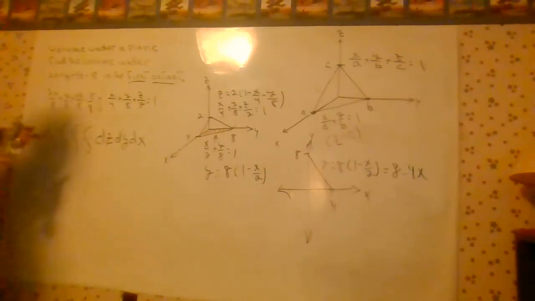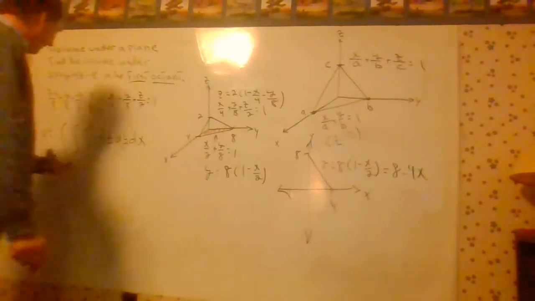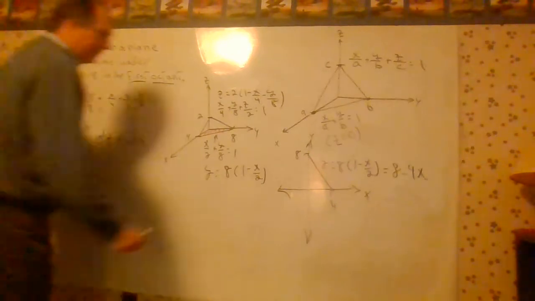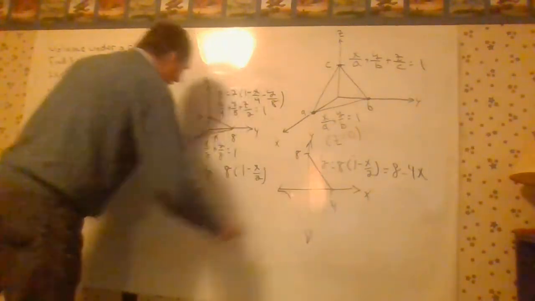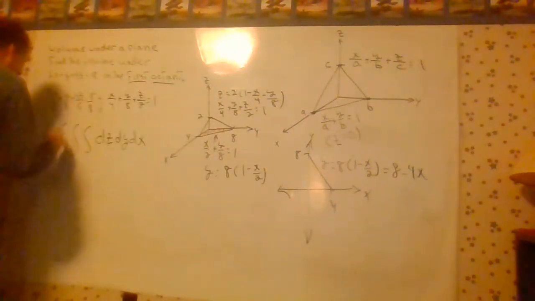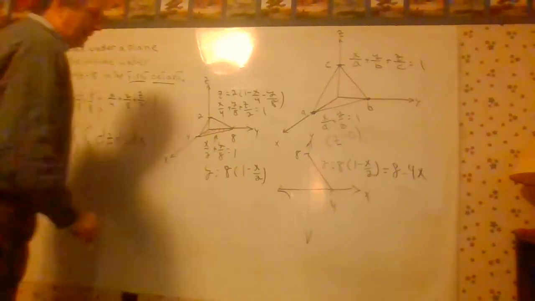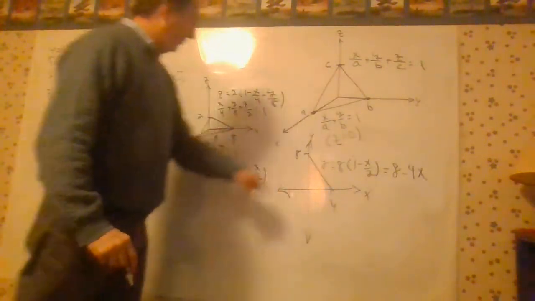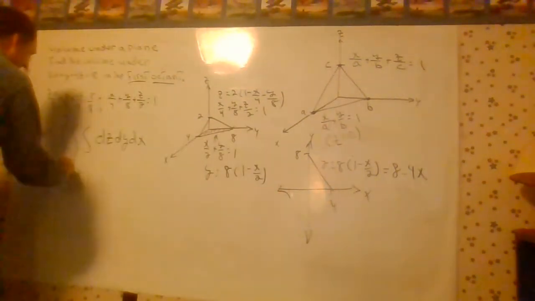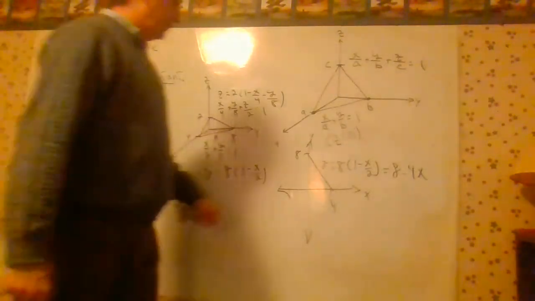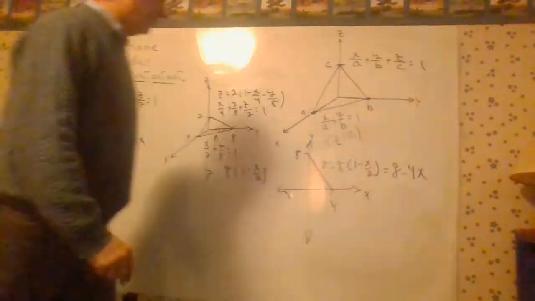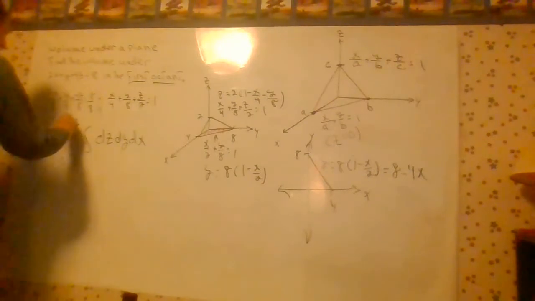And now we're going to set up the volume integral. First of all, we start with a double integral over this region. x goes from 0 to 4, and y goes from y equals 0 up to this curve. You can use this or this. I'll use 8 minus 4x.